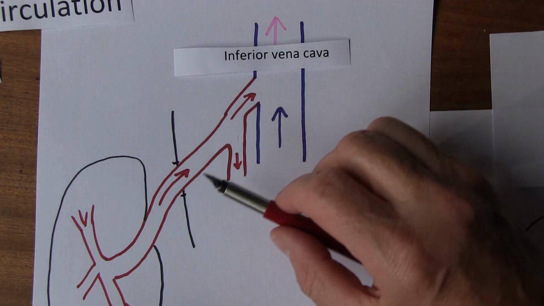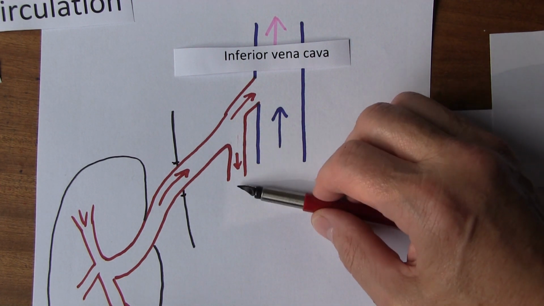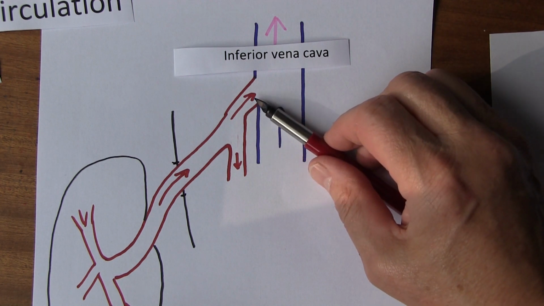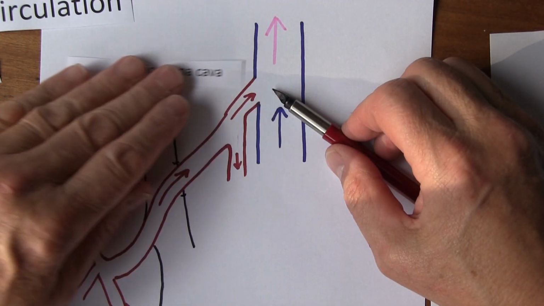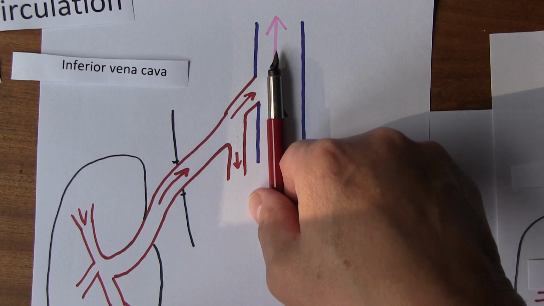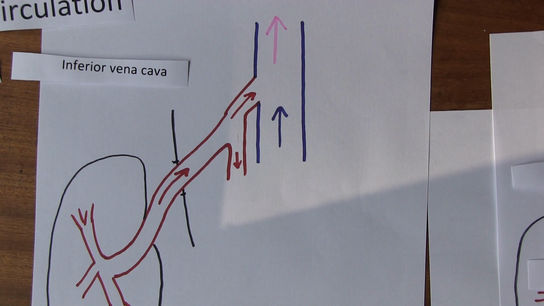So we notice that the umbilical vein is dividing into two. A branch, this goes to the hepatic portal vein, taking blood to the liver. And this branch here, this small vein here, is taking blood into the inferior vena cava to join the flow of blood in the inferior vena cava, going back up towards the fetal heart, back up towards the right atrium.